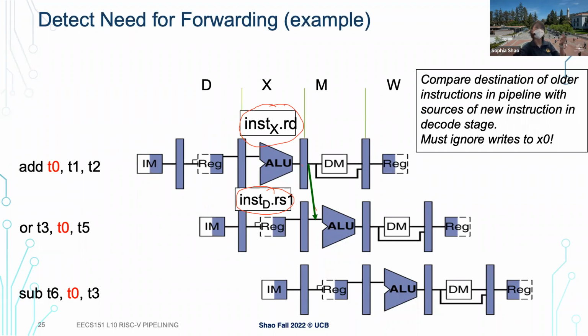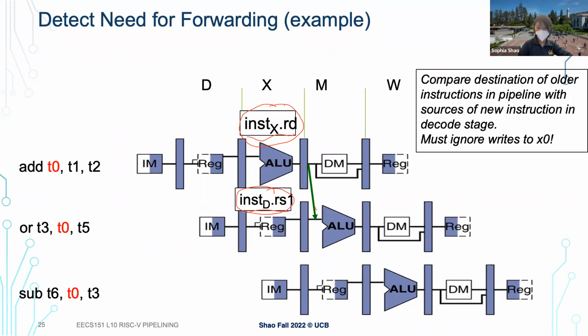Remember we discussed control signals? There's one more layer of control, because we need to pick the input to our ALU. To set that clearly, we need to compare the destination register of the previous instruction and the source register of the current instruction. That needs to be considered.